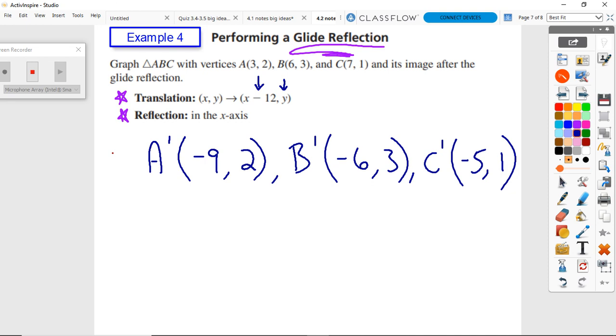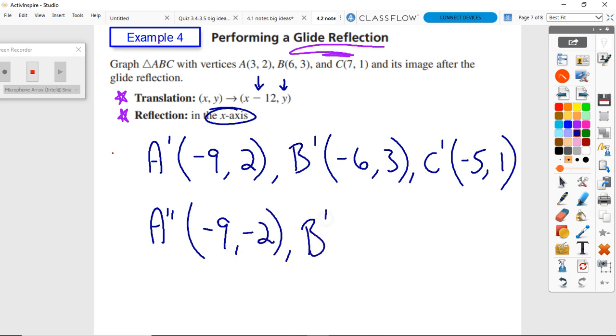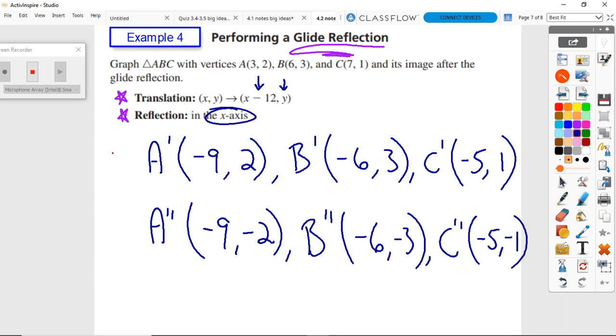And then we reflect that in the x-axis. So a reflection in the x-axis just changes the signs on the y value. So it's my double prime. All right, so flipping the x changes all the signs on the y.